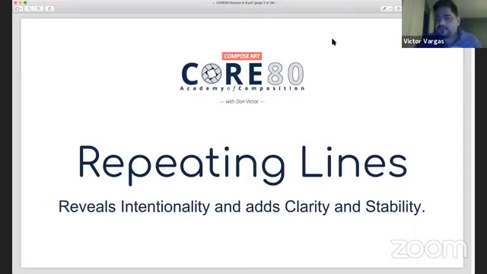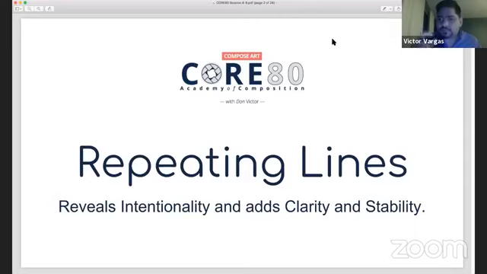It also adds stability to the concept or to what you're trying to express. So let's say you want something that's calm and you put a horizontal in there, just a thin horizontal across the page. It's there, but if you can multiply that, repeat it, it becomes stronger, okay?